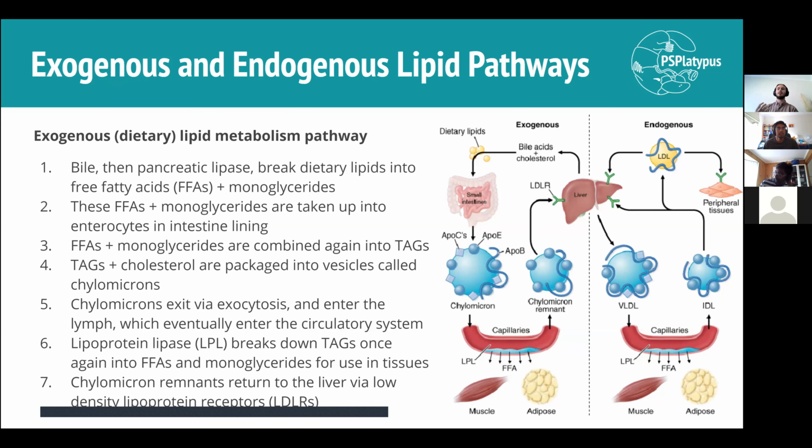Eventually, these chylomicrons, you can imagine the TAGs will have been used up, but the proteins won't have, right? These proteins, they're still just the package. And so you can imagine the sort of transport part of the lipoprotein, which is called a chylomicron remnant, it exits the bloodstream and it returns to the liver through these things called low-density lipoprotein receptors, basically the receptors for lipoproteins.